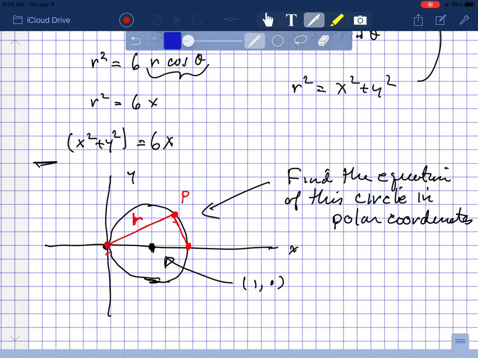You'll remember from geometry that if you have an inscribed triangle whose hypotenuse, or longest side, happens to be a diameter, then this angle here happens to be a right angle. So this angle in here is pi over 2. So now I'm dealing with a right triangle.